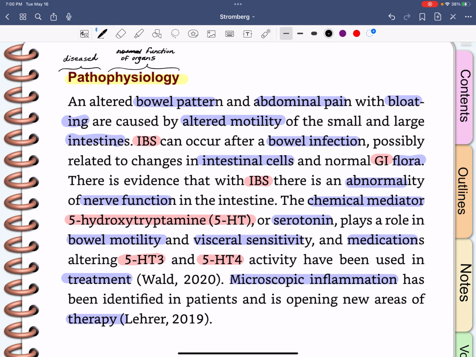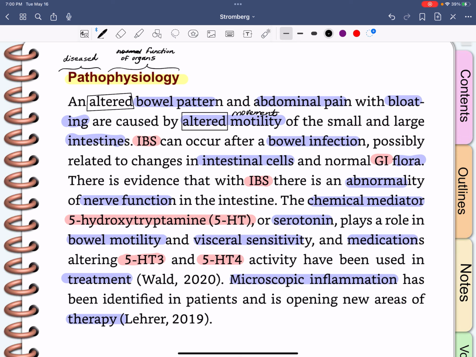Okay, so I also see that with the word altered. Altered means changed. And they use that word over and over. Here's another one, altered motility. Motility means movement to me. That may not be the best way to describe it, but to me that's what it means.